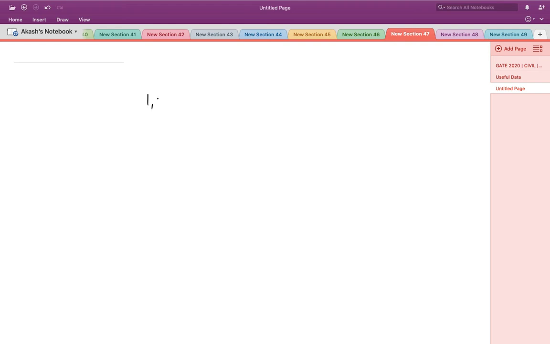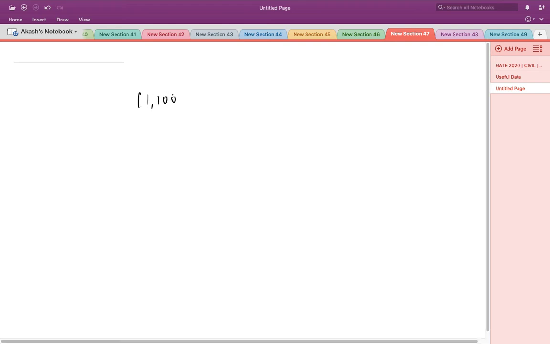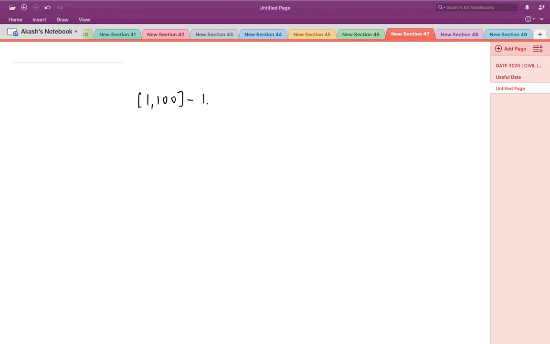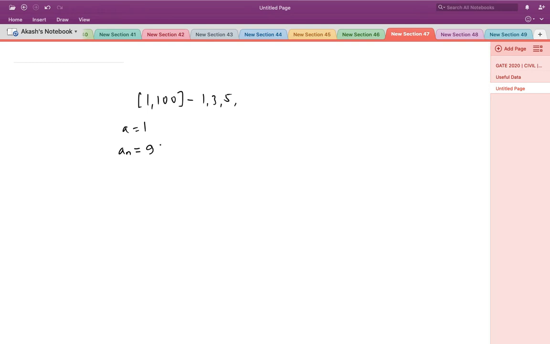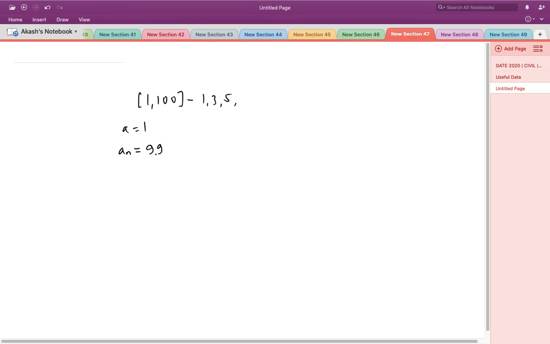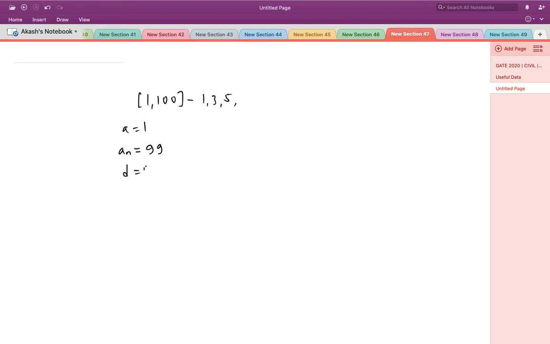So the first series which is given to us is in the range of 1 to 100, which corresponds to the odd series. The first term of the series would be 1, and the last term, which is also the nth term, would be 99, because 99 is the largest odd number less than 100. The common difference would be 2.